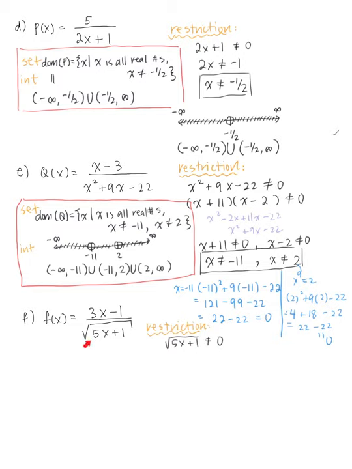And since you're given the square root, what was the restriction on the square root? Whoever sits inside of it has to always be greater than or equal to 0, correct? So one of them is that the bottom cannot go to 0, and the second one is that whoever sits inside the square root has to always be greater than or equal to 0.